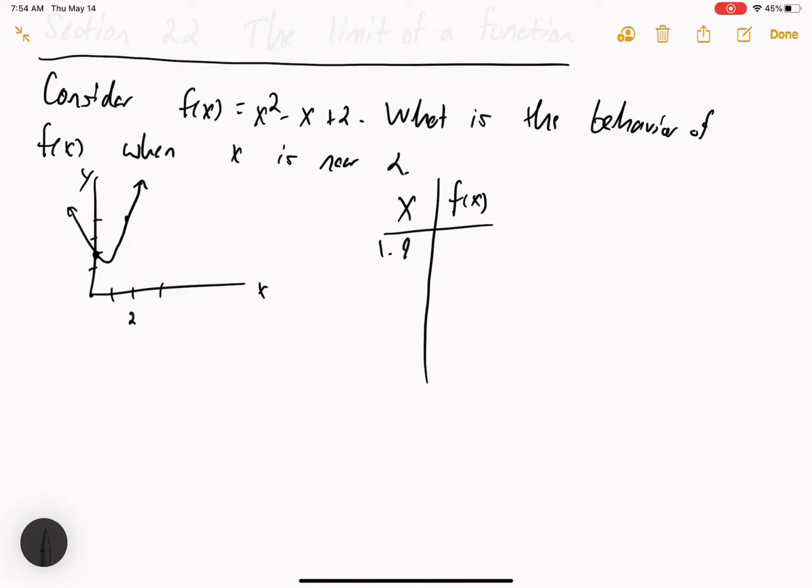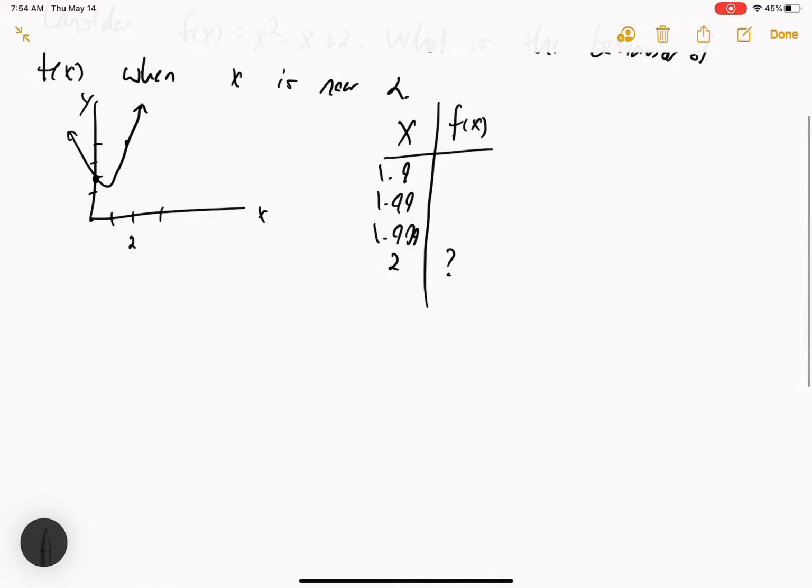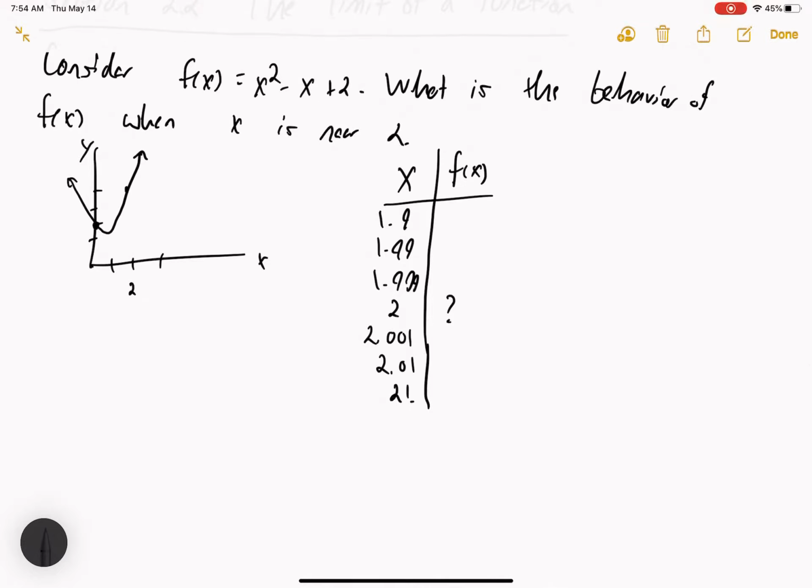Here it'll be 1.9, 1.99, 1.999. We do 2, put a little question mark because that's what we wanted to know, and then 2.001, 2.01, and 2.1.